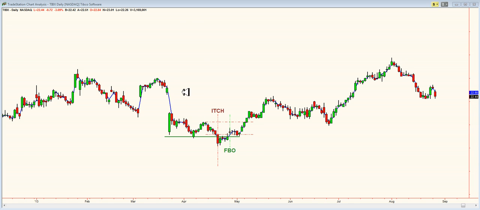We know that all of our indicators will not always work, therefore that's why I designed it for when it doesn't, you can actually take the false move. So this is a false breakout to the downside and reverses. This is TIBX from April, May of 2013. Let's take a look at another one.